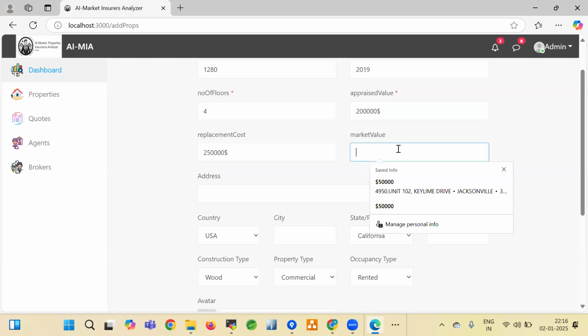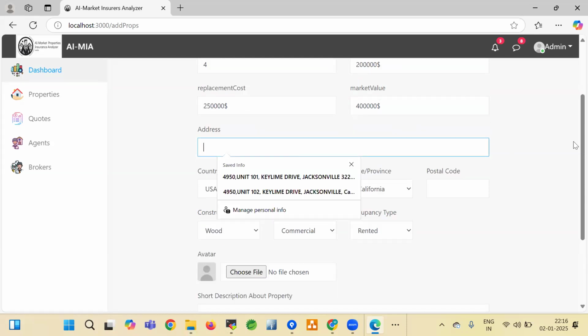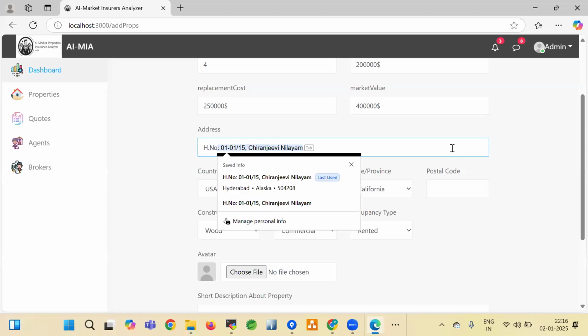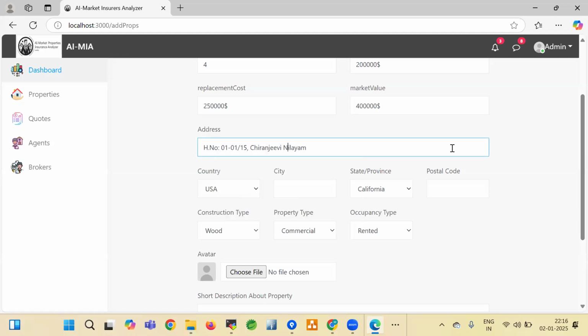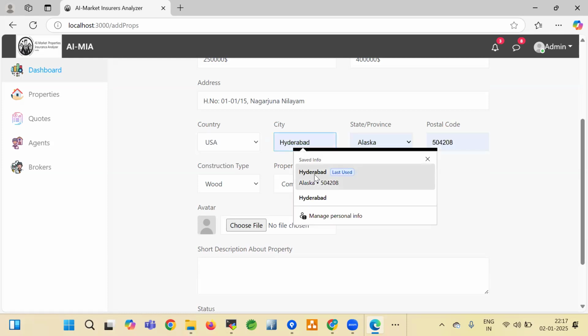Right now the market value is 4 lakh, 400K dollars, and the address is, let me just give something: a house number, and it's in Hyderabad.